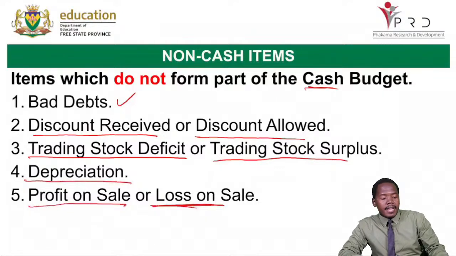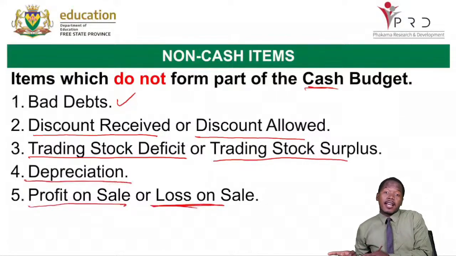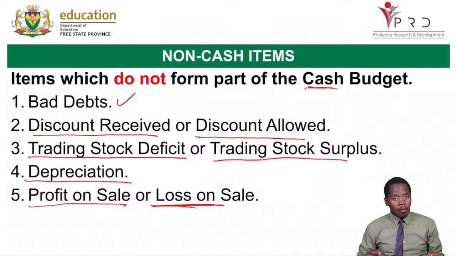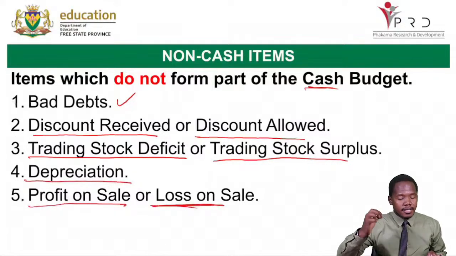Meaning, from item number 1 up until item number 5, these are some of the items. They are all recorded in the projected income statement, but they are not recorded in the cash budget. Why? Because they are non-cash items.